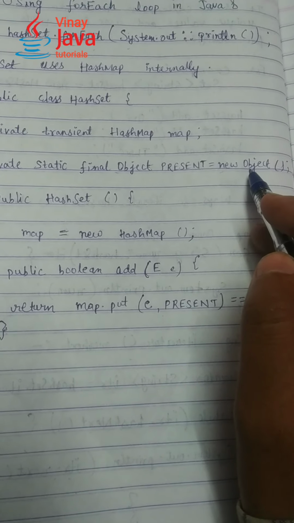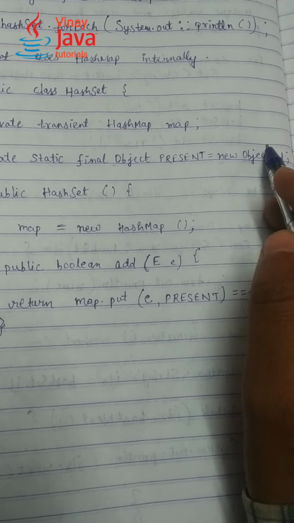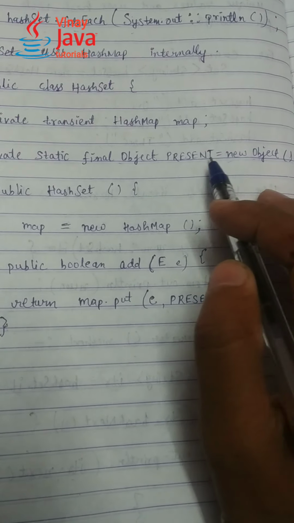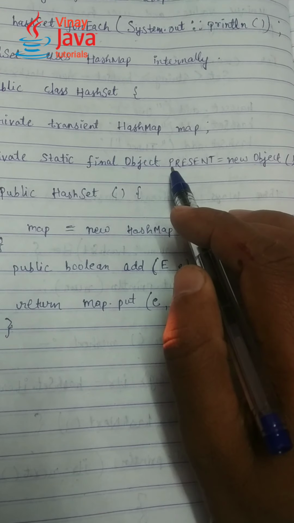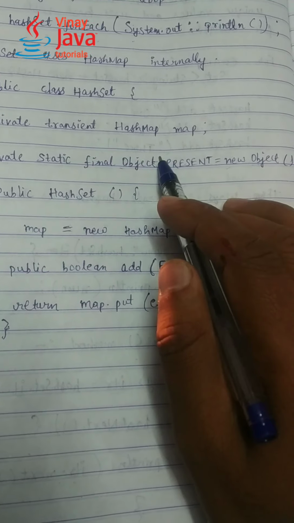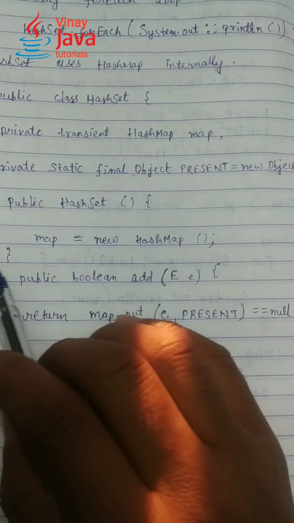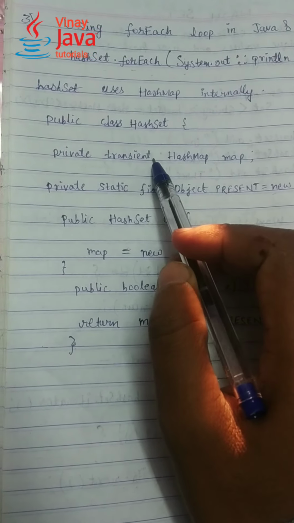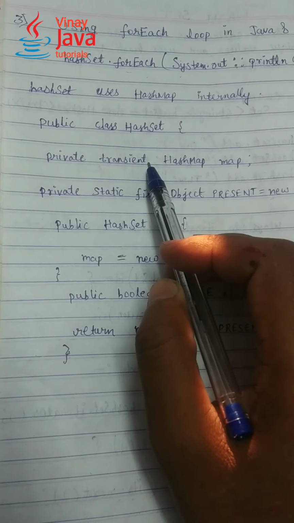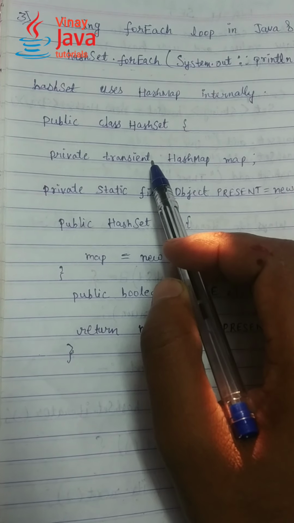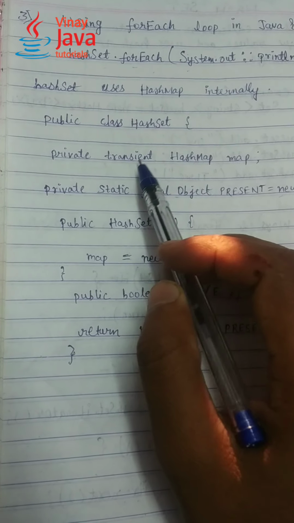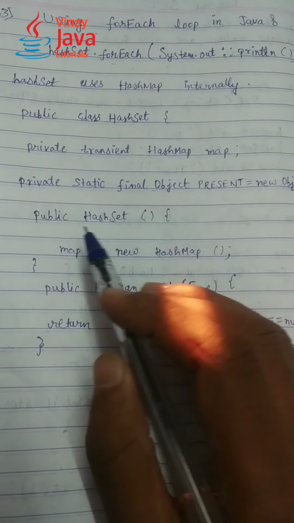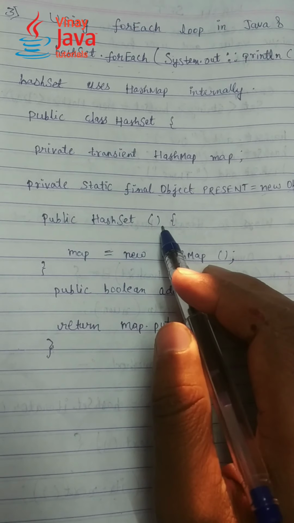This object of the superclass has been created, and the name is present. What this transient keyword does, I will give you a brief introduction in my next video.